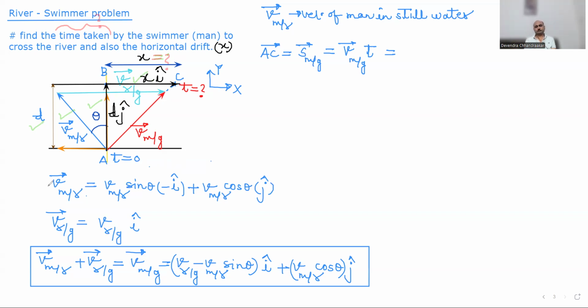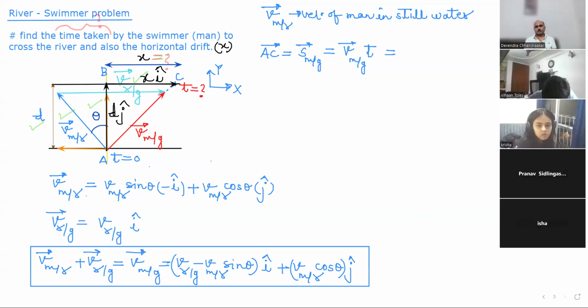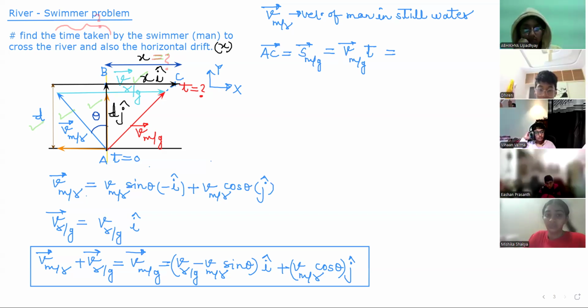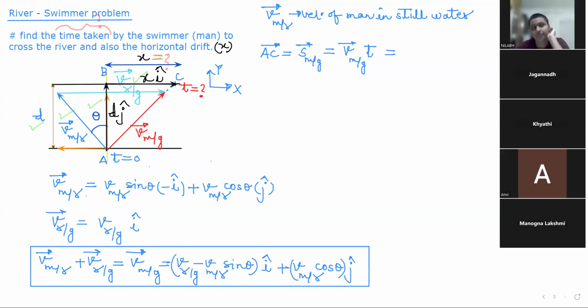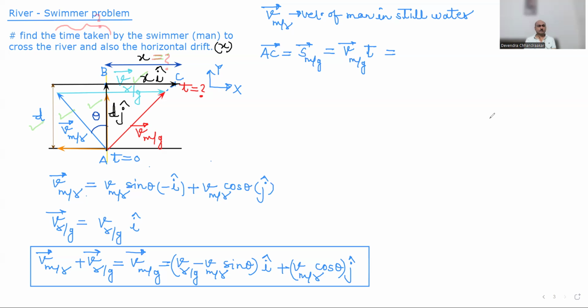All of you? Yes, sir. Isha, Pranav, Mishika, Vihan, Dhiren, Nilab, Anvi, Khyati, Jagannath. Yes, sir. So I hope all of you understood that AC vector can also be written as dj cap plus xi cap.